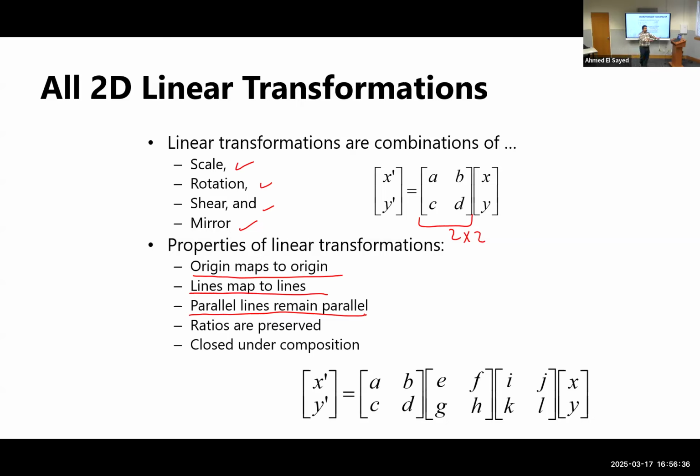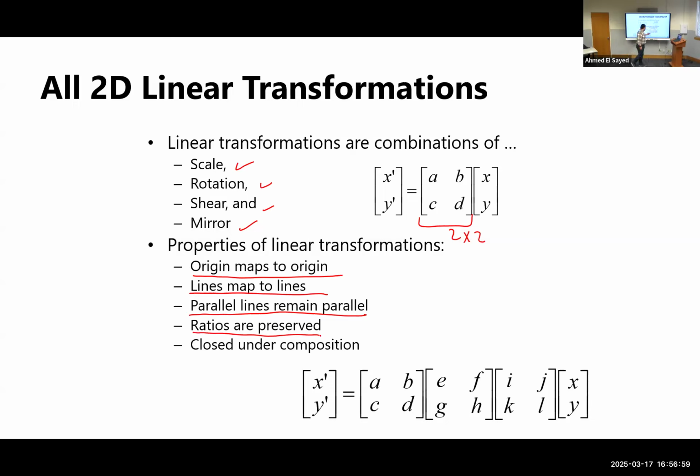Parallel lines stay parallel, no matter what type of linear transformation you are applying. Ratios are preserved. If something is bigger than another, after rotation this thing is still bigger than the other.